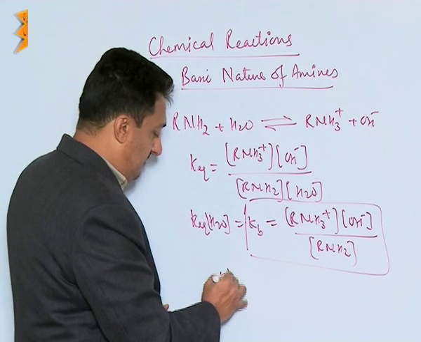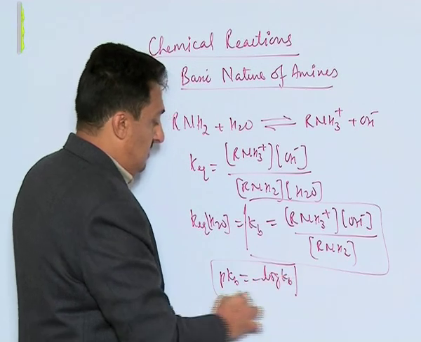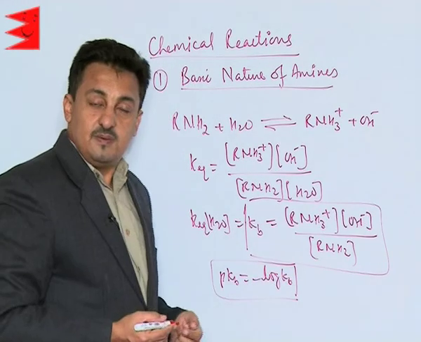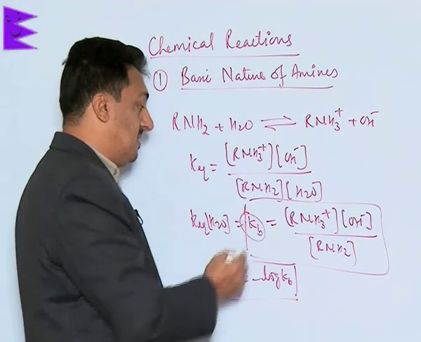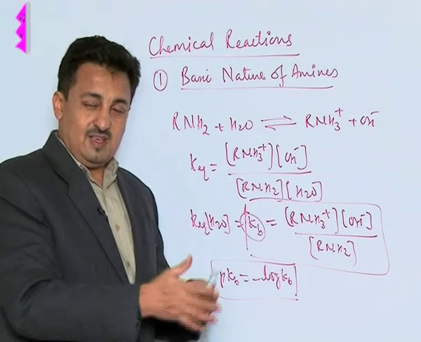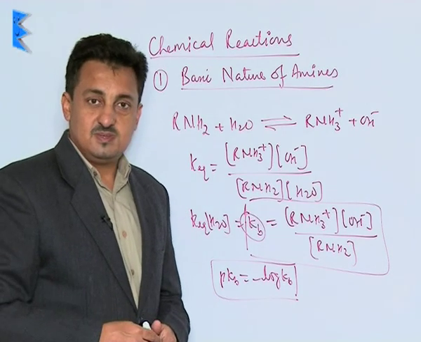Or we can have pKb, which is minus log of Kb, the inverse of the Kb. So this is how we can assess, by the value of the Kb, which amine, whether primary, secondary or tertiary, is more basic or less basic than the other in comparison.